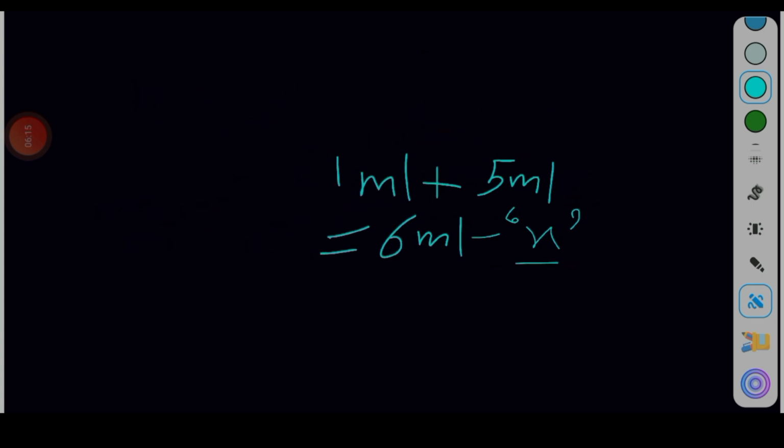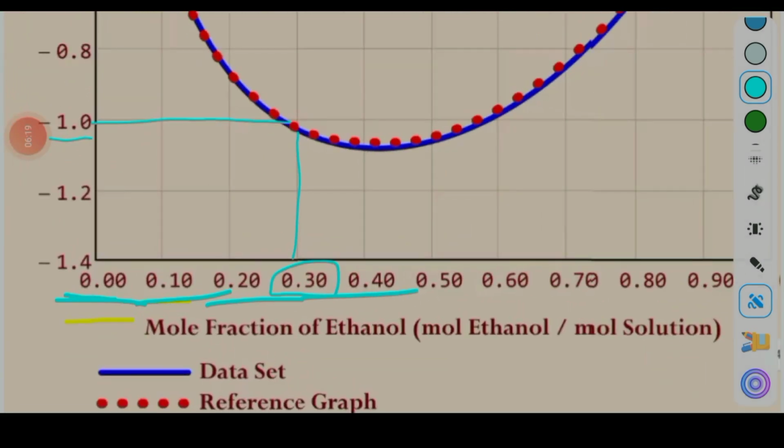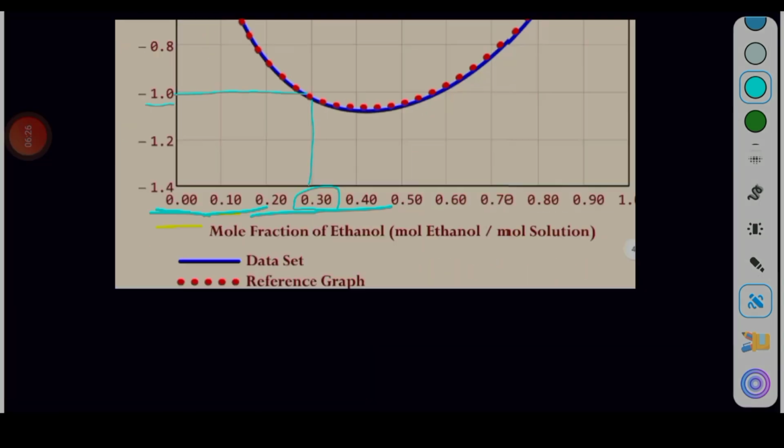That's what this graph is telling us. So we will have to subtract that to get the most precise, or the most satisfying, result, I would say.